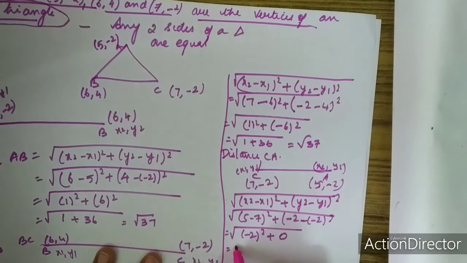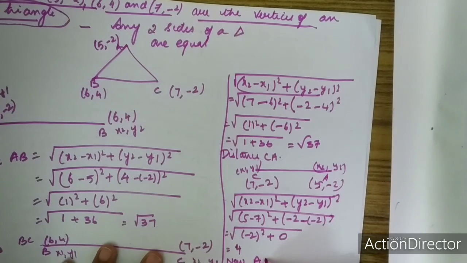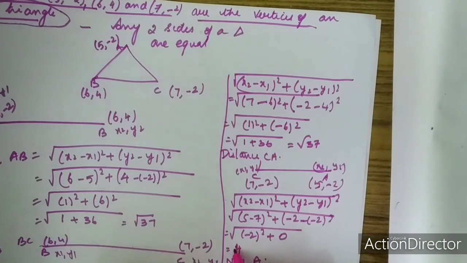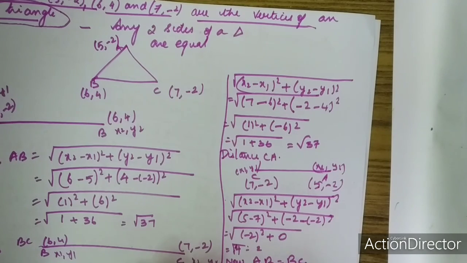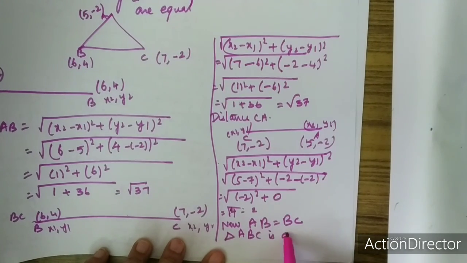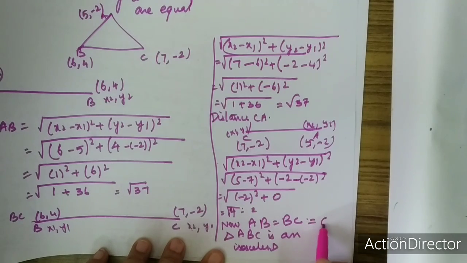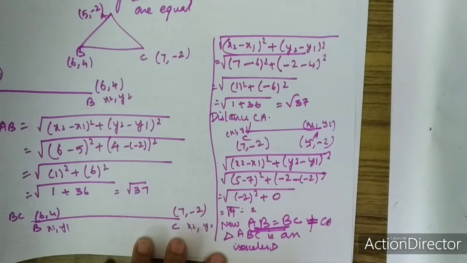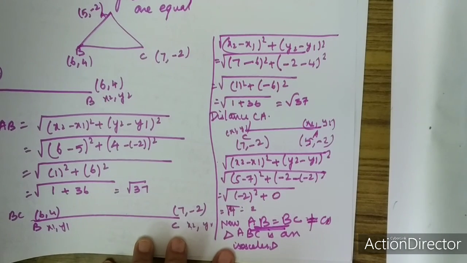So this is equal to root 4. Now you find AB is equal to root 37, and AB is equal to BC. So we can say triangle ABC is an isosceles triangle. This is not equal to CA. So two sides are equal over here. So we can say it is an isosceles triangle.